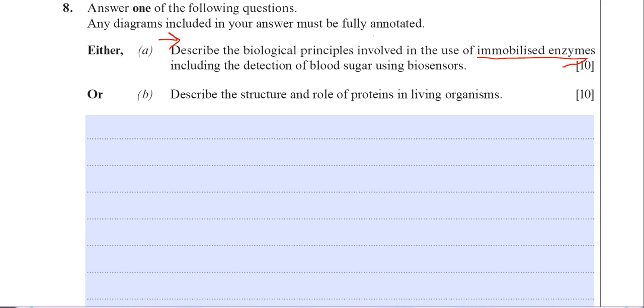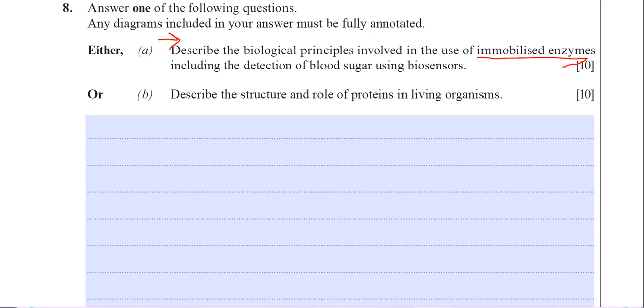Of course, they don't enter the product, so another advantage is that they don't contaminate the product. They can be reused. They can tolerate a greater temperature and even a greater range of temperatures as well. So they're more thermostable because of their entrapment in things like alginate beads.